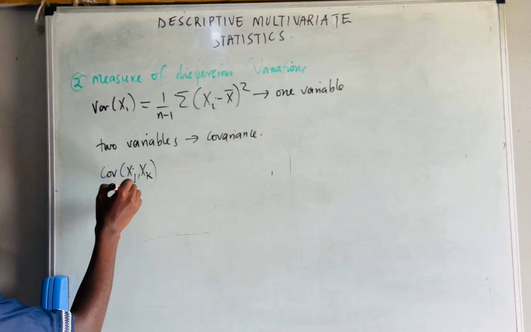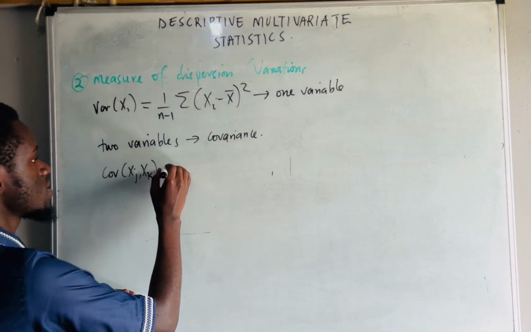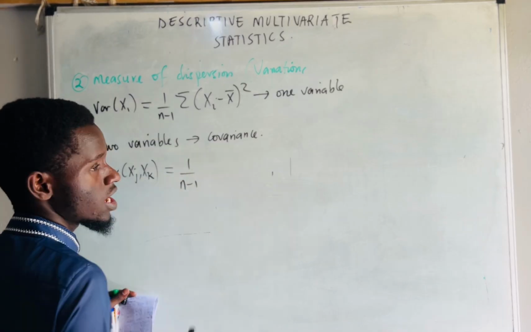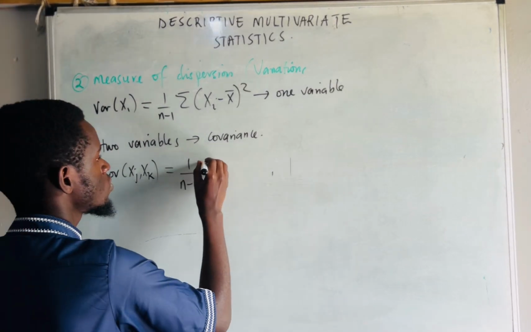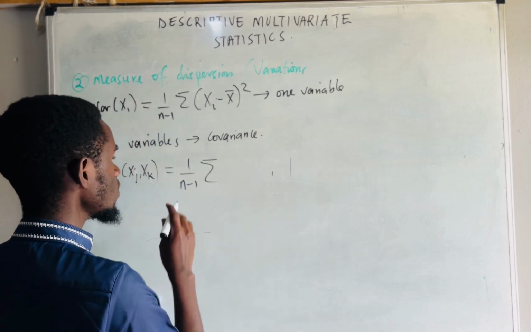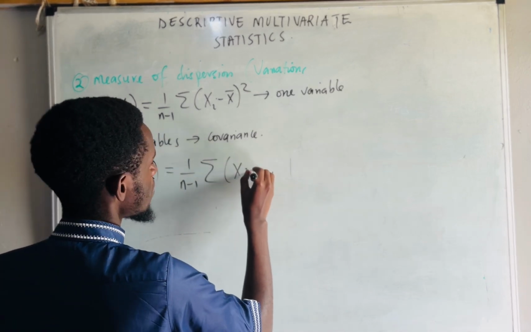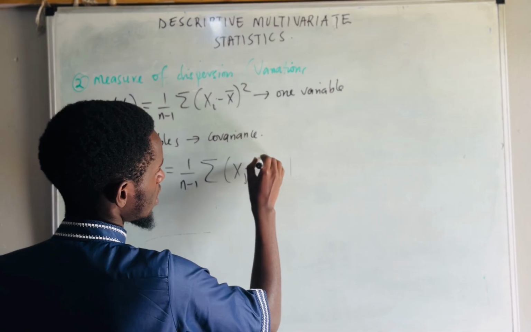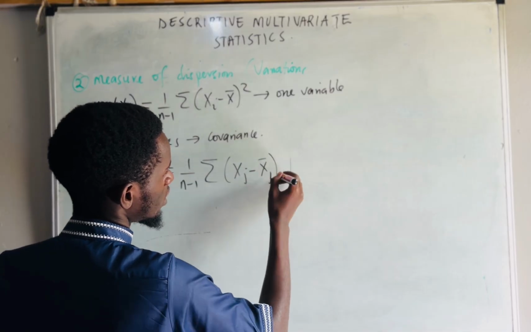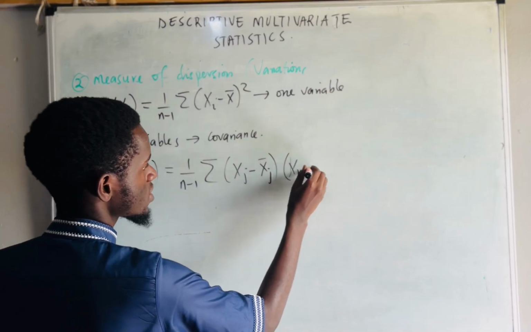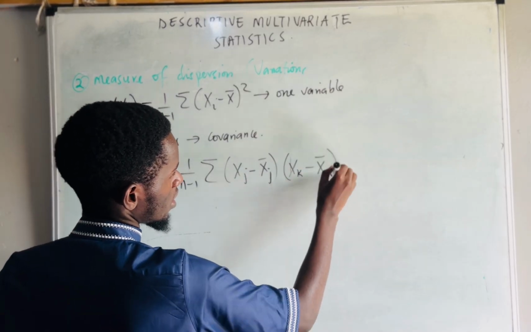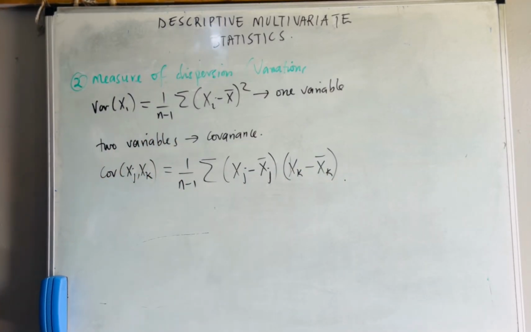We have two different variables, xj and xk, and the covariance is 1 over n minus 1, where n is the number of individuals we are testing, times the summation of individual values of xj minus xj bar, times individual values of xk minus xk bar.